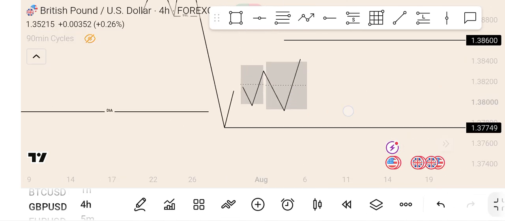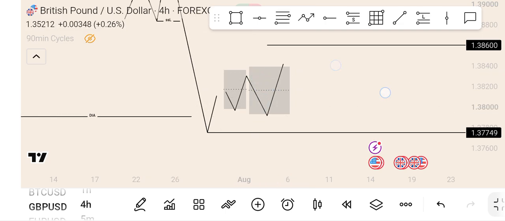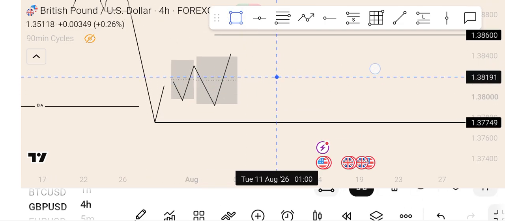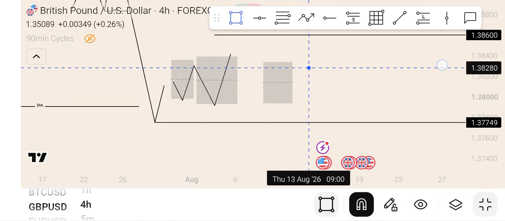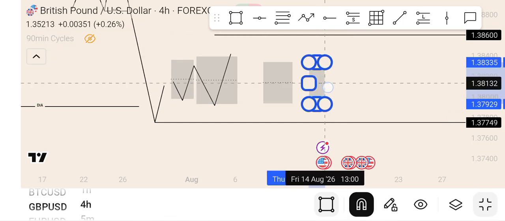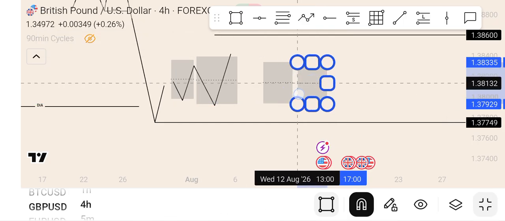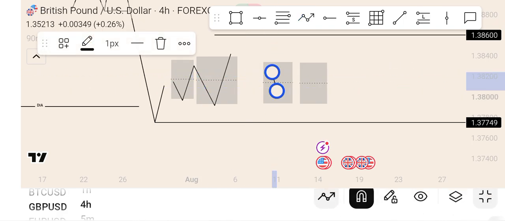So now, this is what happens on Euro USD. And on GBP USD, this is what happens. Oh, I'm supposed to mark this way.